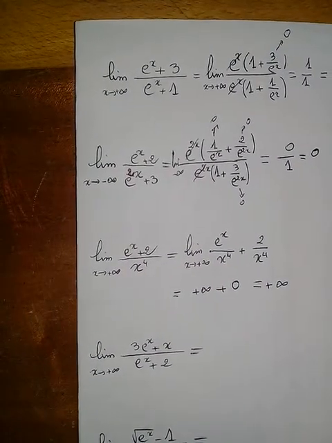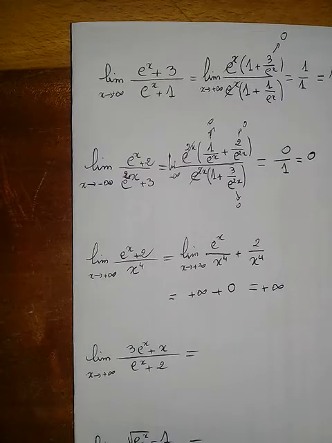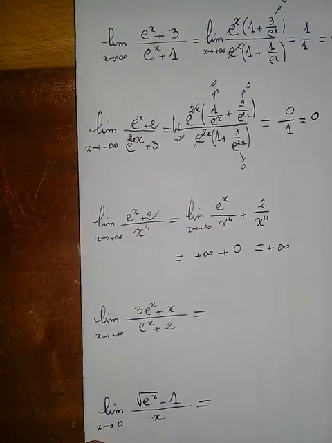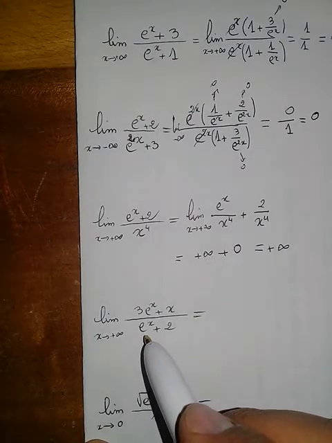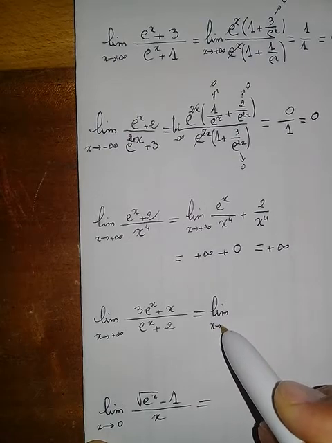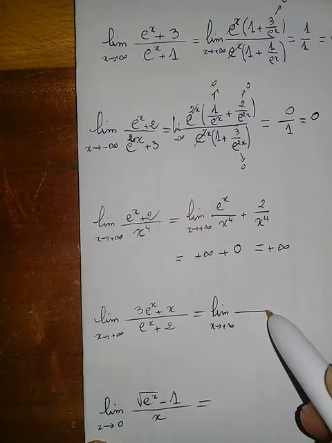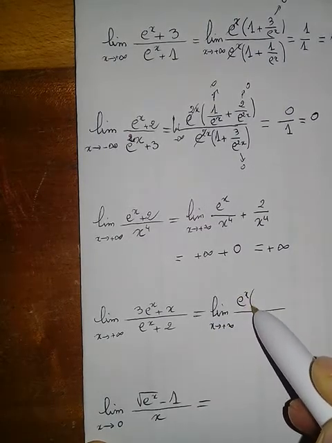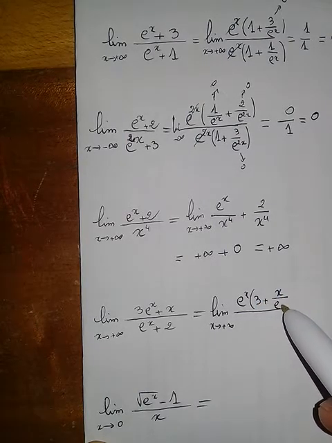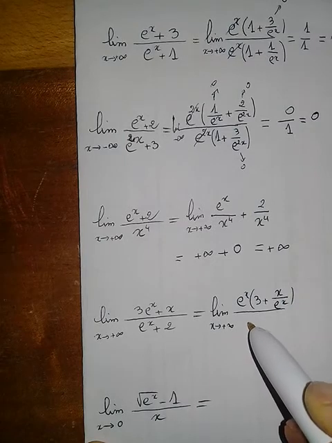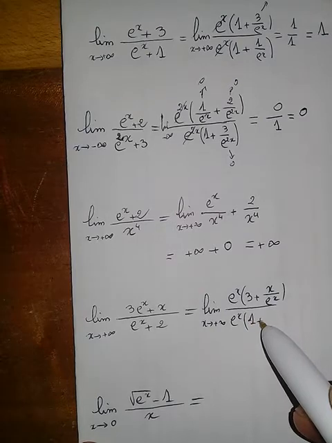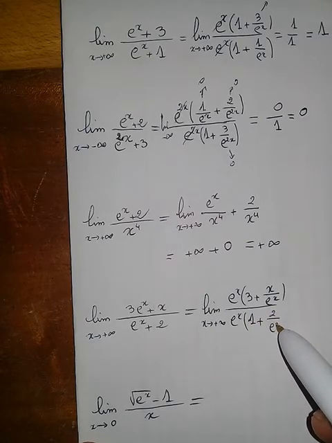Next one, here it's clear that we gotta factorize by e to the x. e to the x times 3 plus x over e to the x, and e to the x times 1 plus 2 over e to the x.